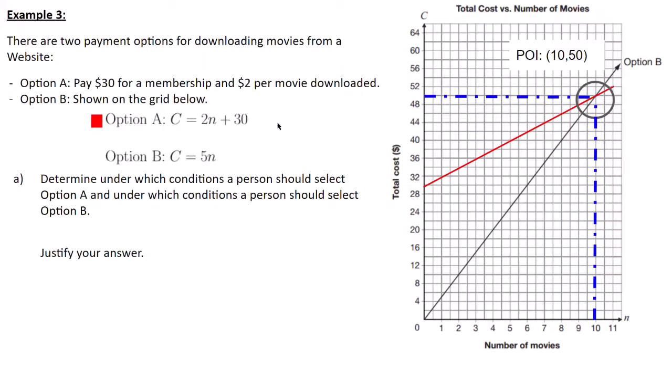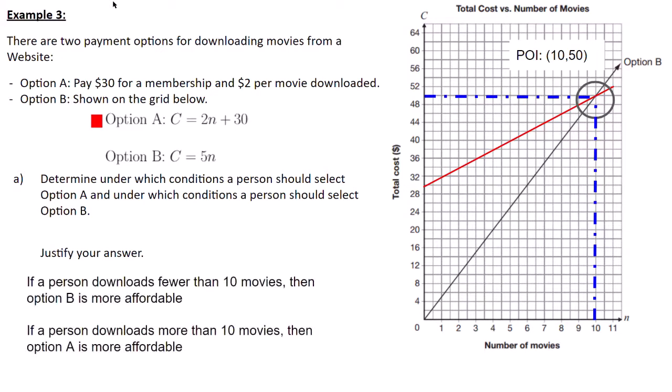That means that if we buy exactly 10 movies, then it won't make a difference which option we choose because it'll cost the same. If a person is planning on buying fewer than 10 movies, then option B is actually more affordable because it costs less than option A. Now, if a person downloads more than 10 movies, then option A will be the more affordable one.